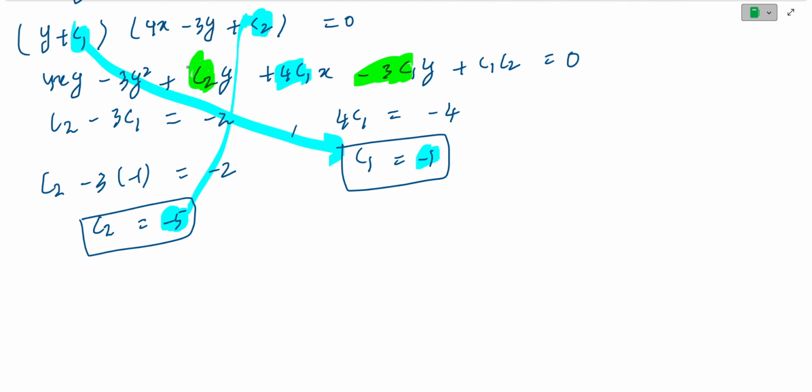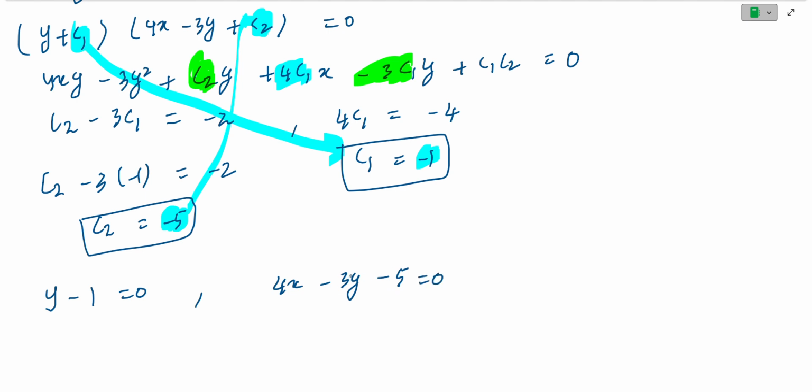Writing here, y plus c1, with c1 as minus 1, will be y minus 1 equal to 0. That is one tangent equation. The other tangent will be 4x minus 3y plus c2, with c2 as minus 5, equal to 0.